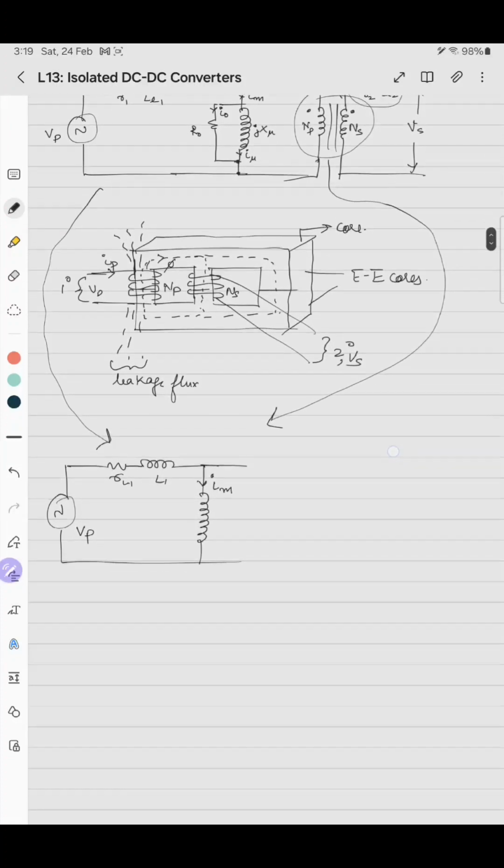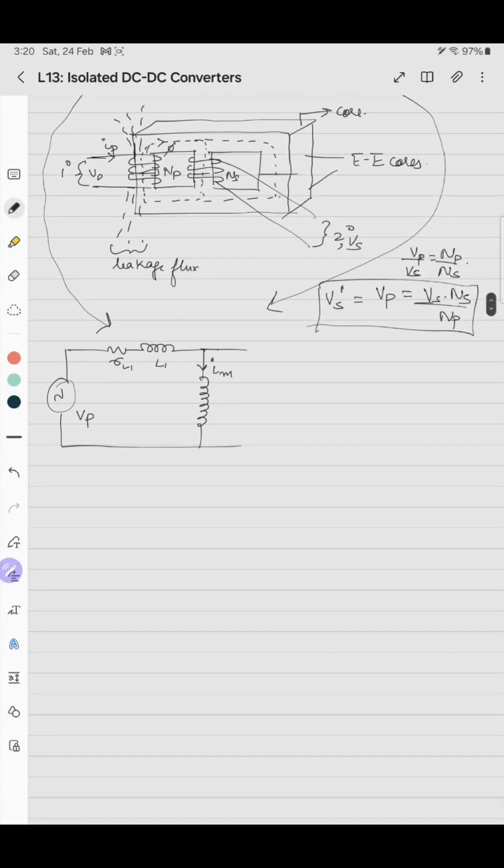For voltage and current terms you multiply by the number of turns ratio, and for quantities with units of impedance or resistance, you multiply by the square of the turns ratio. Basically, Vp by Vs is Np by Ns. So Vp equals Vs into Ns by Np, which you can call Vs dash. Vs dash is the component across this.